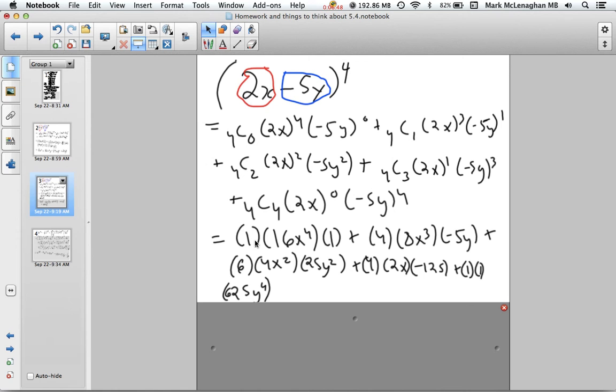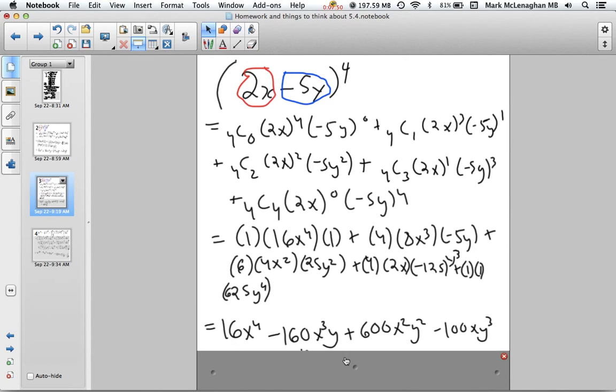We have 4 choose 0, 2x to the power of 4, so 16x to the power of 4, times 1, which is negative 5y to the 0. 4 choose 1 is 4. 2x all cubed is 8x cubed, times negative 5y to the 1. 6, 4x squared, 25y squared. 4, 2x, negative 125y to the power 3, so there should be a y cubed there. And then 1 times 1 times 625y to the 4th.